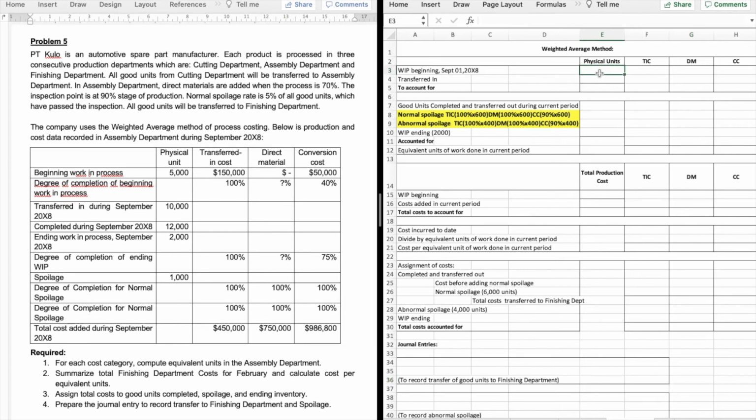Starting from the beginning work in process, we know from the information table here it is 5,000 and transferred in during September is 10,000. Therefore, to account for we have 15,000. And now for the good units completed and transferred out during the current period is 12,000 here. And the ending work in process is 2,000.